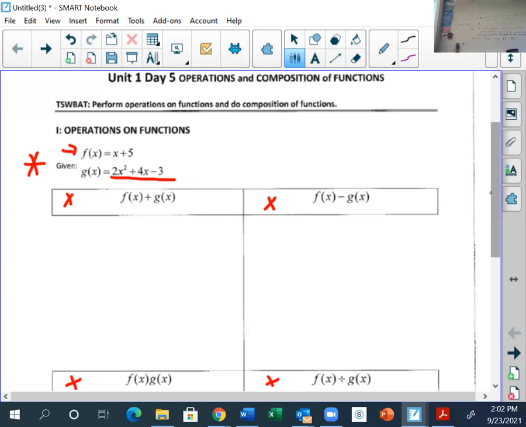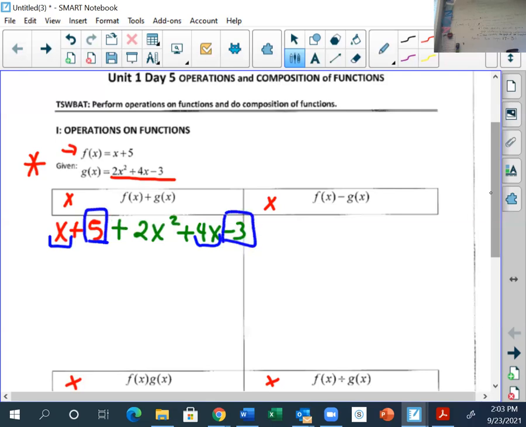So f of x is x plus 5, and g of x is 2x squared plus 4x minus 3. I'm adding them. When this happens, you can only combine like terms. I have an x here that can be combined, and I have a number here and a number here that can be combined.